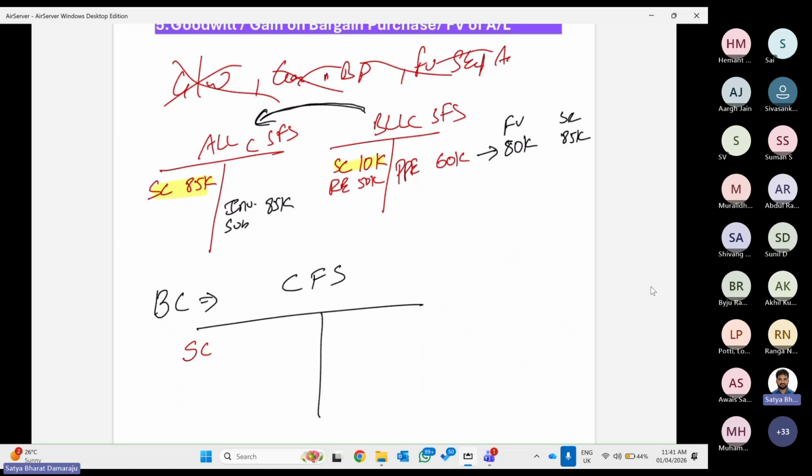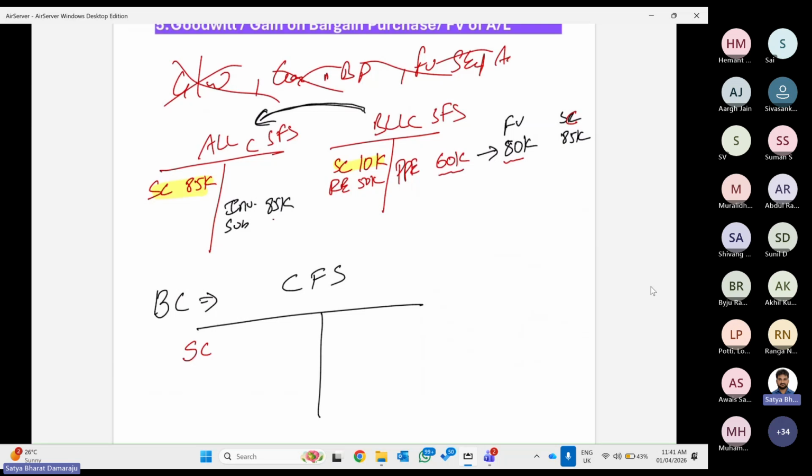I'll repeat the whole question. ALLC wants to acquire BLLC. So we open the balance sheet of BLLC. There is a group of assets, a component of assets, valued at 60,000. The fair value of the assets is 80,000, but the owner of the shares of BLLC wants a sale consideration of 85,000, which has been agreed by ALLC.